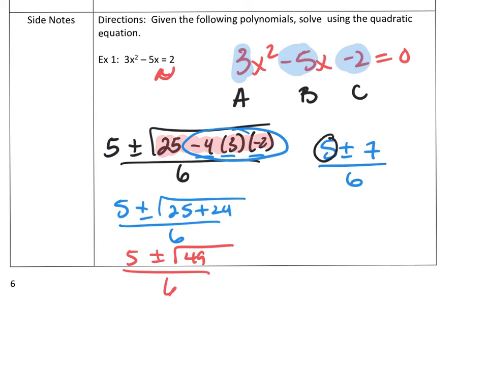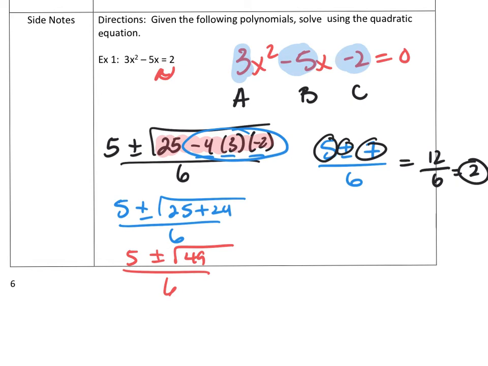We have 5 plus 7 equals 12 all over 6, which we know 12 divided by 6 is 2. And your other one is going to be 5 minus 7 all over 6. I'm going to go ahead and delete this out so you can see what I'm talking about.